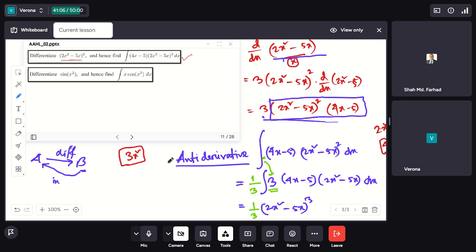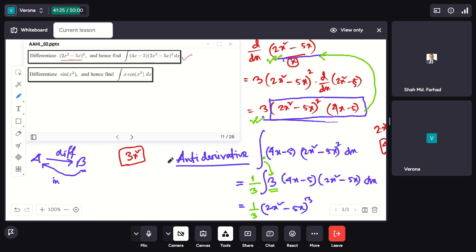Since the derivative of this term is this, if we integrate this, then it will be this.